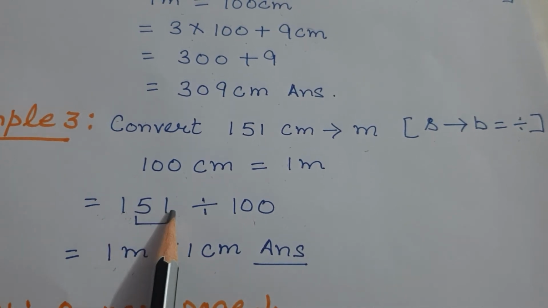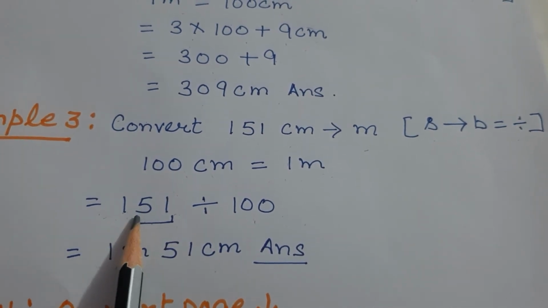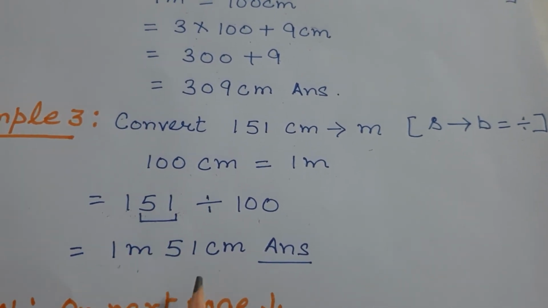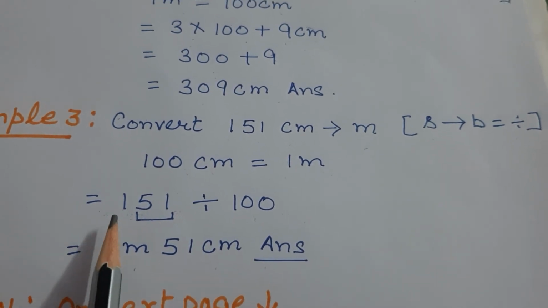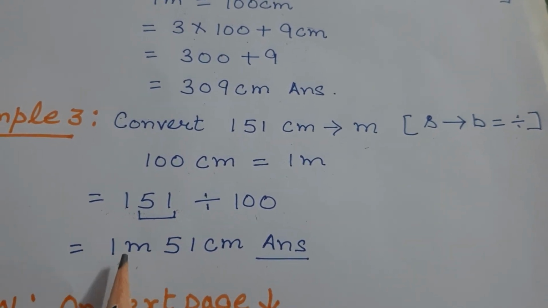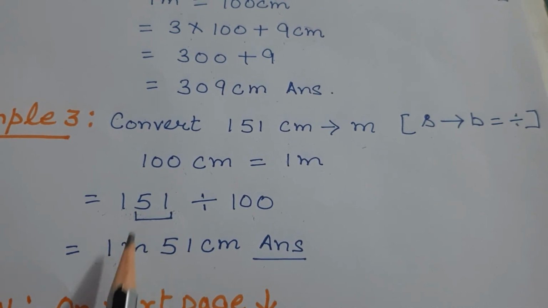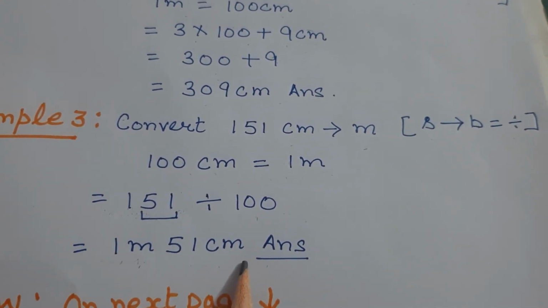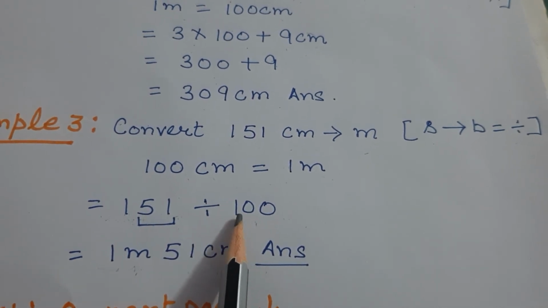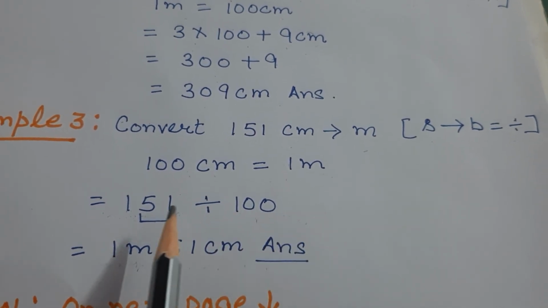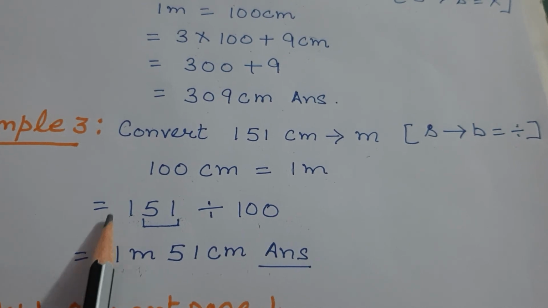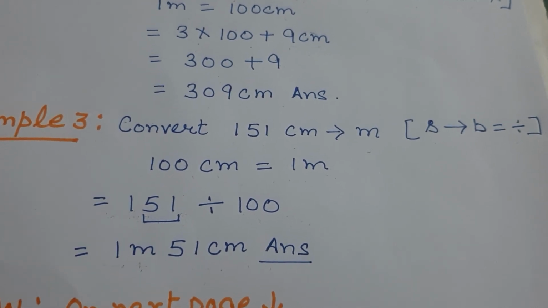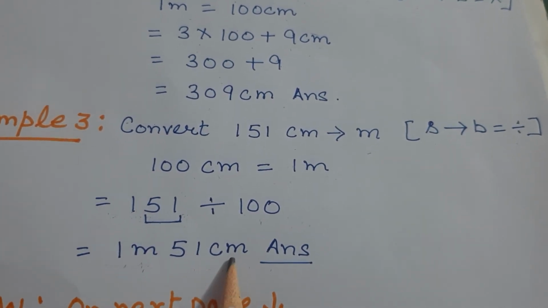So we will count from the back: 1, 2. Those 2 digits will be in centimeters only, and the rest of the digits are in meters. So the answer of this is 1 meter 51 centimeters. If in kilometers we divide by 3 zeros, then we will take the last 3 digits for the smaller unit.